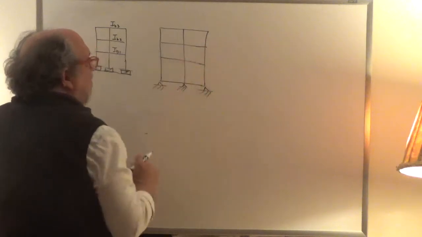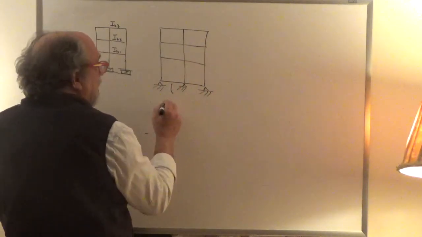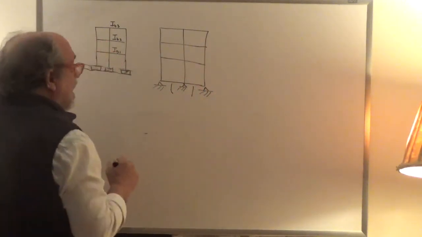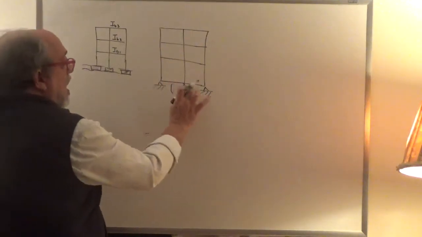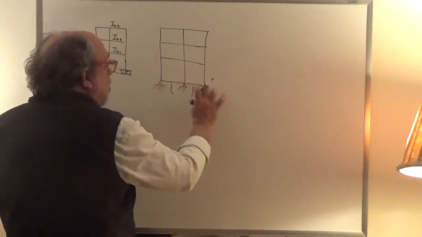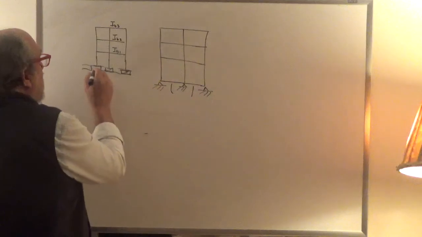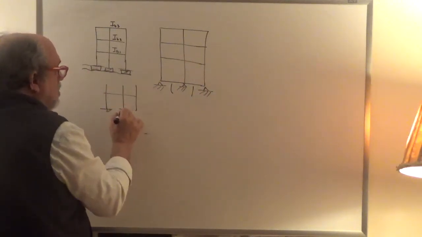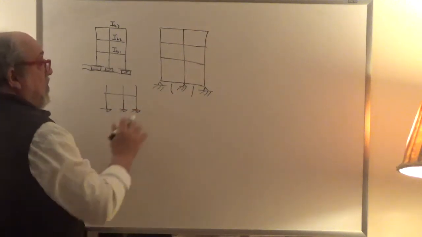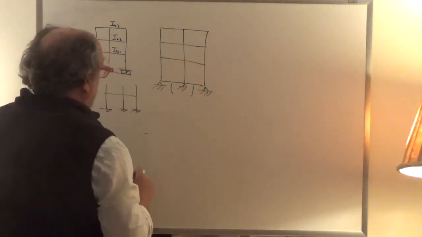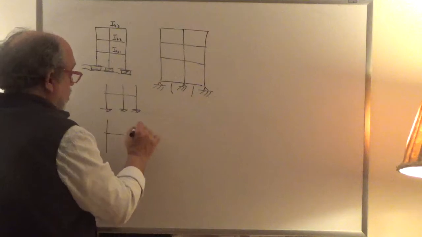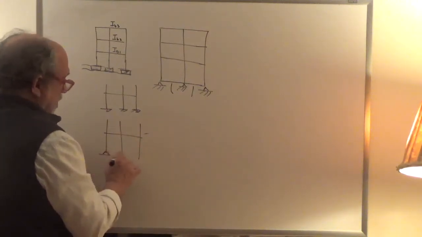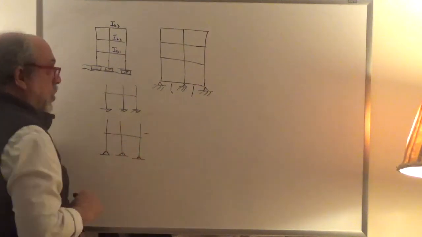If this bar had infinite stiffness, these columns cannot rotate, and we get to our standard situation where the base of the columns are fixed. If this bar had 0 stiffness, we get to the situation where the columns are essentially pinned on the ground.